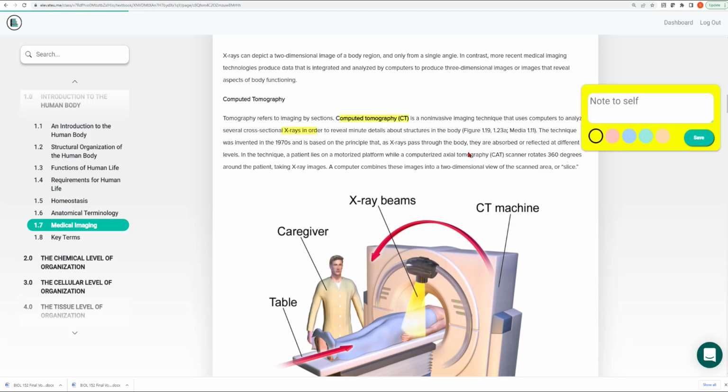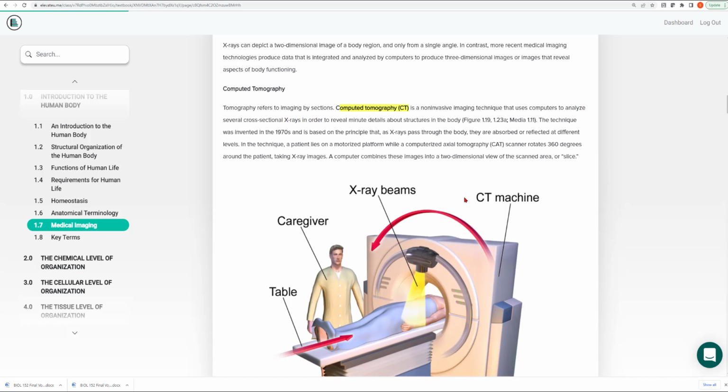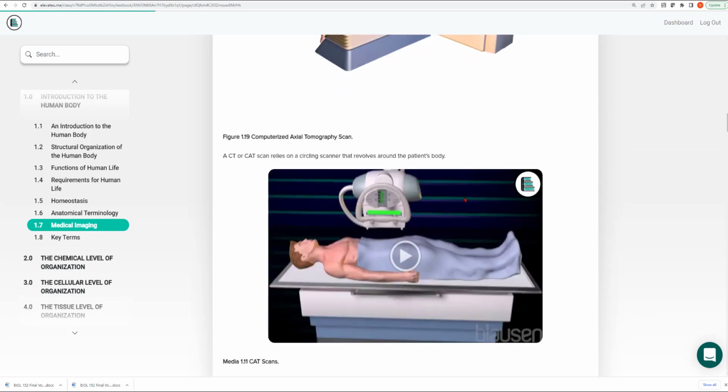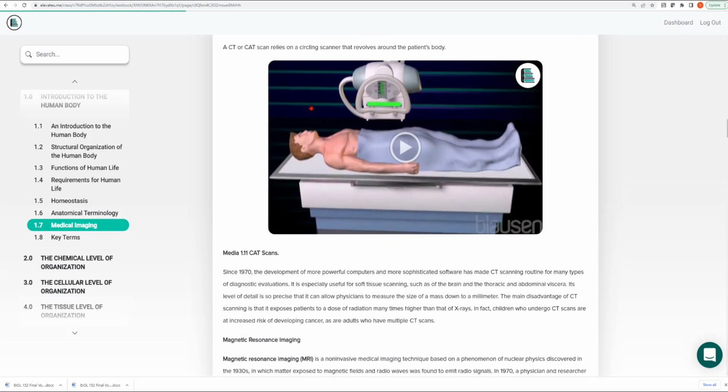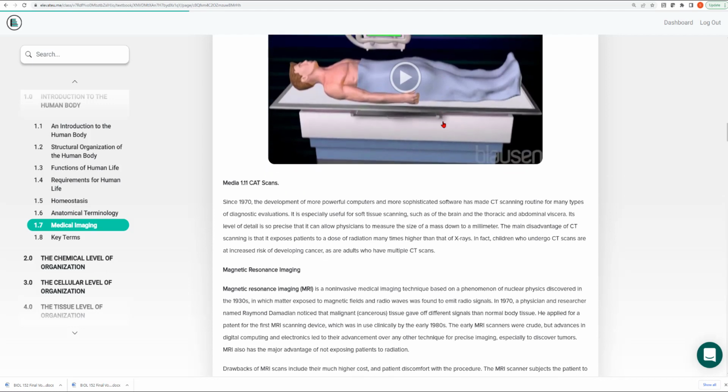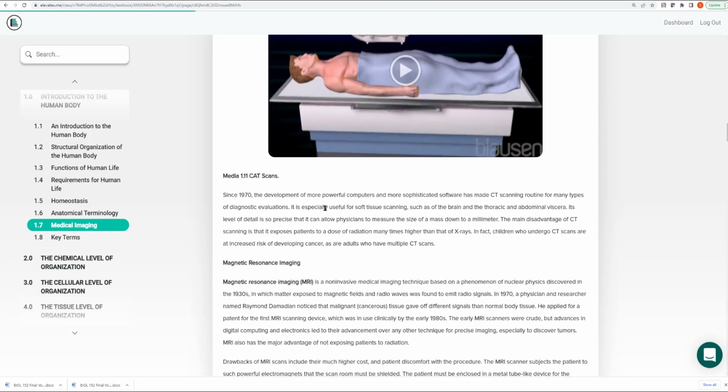But with the help of the computer, you are creating slices. The computer is creating topographic maps of the body. The great thing about CT scans is that things don't get blocked. You go underneath the CT scanner and you are able to see one bone behind another bone.